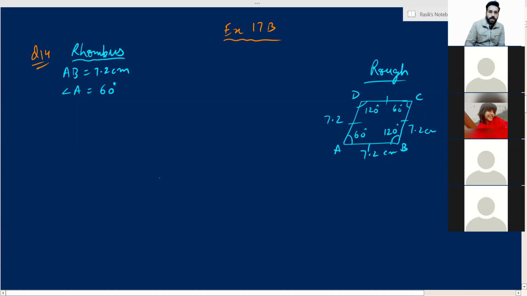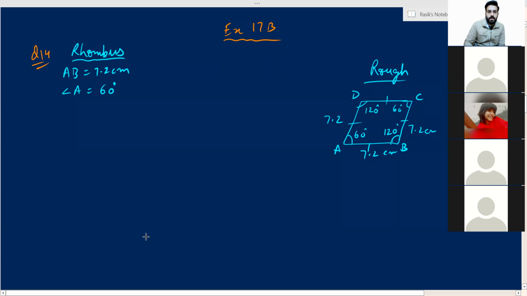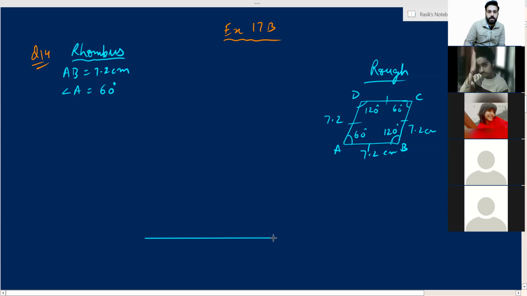Okay, let's start doing it. So first of all, take AB as the base of the rhombus, 7.2 centimeters. Everyone, draw AB of 7.2 centimeters.